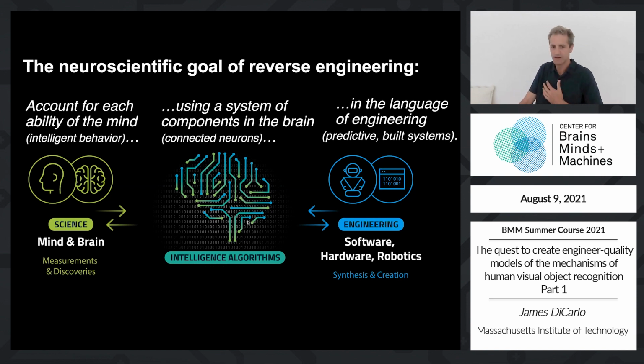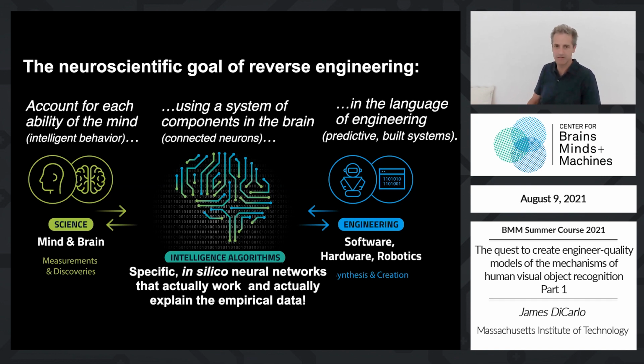And I refer to those as intelligence algorithms. You can think of them as the leading scientific hypotheses of aspects of the mind. So these are specific in silico neural networks that can actually work. That is, they can produce behavior that may be rivaling human behavior. And they actually explain the empirical data, not just the behavioral data, but the internal neural data on which they're meant to match as well.